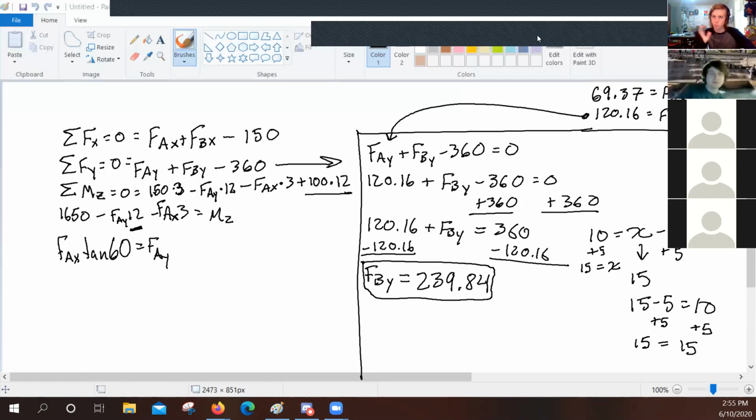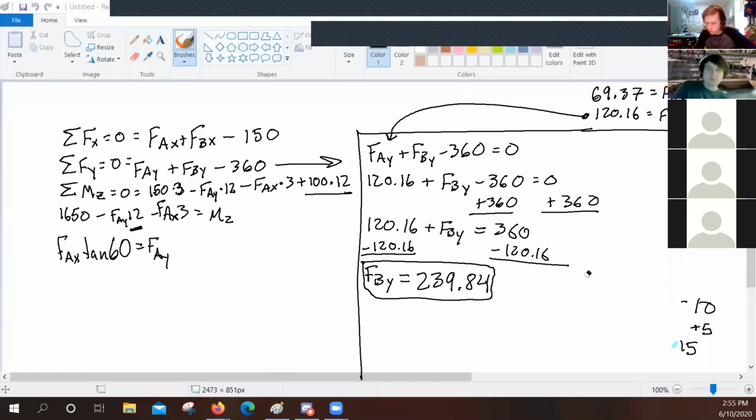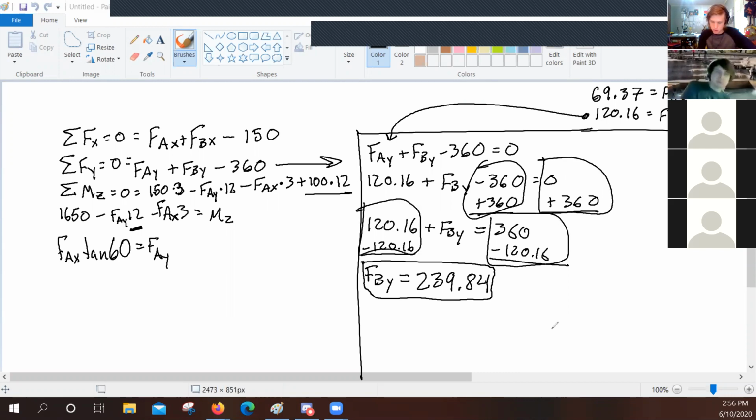You're just reformatting it, rearranging it. And that's basically the basis of all algebra, is just moving things around to try to make something make sense. Okay. So that's what we're doing here. And also here. Basically just rearranging, pushing numbers to other sides so that we can isolate the variable.